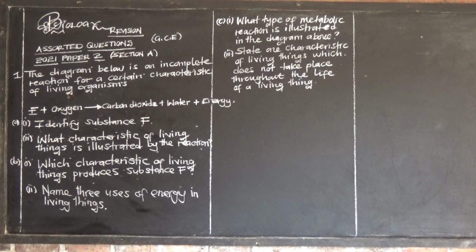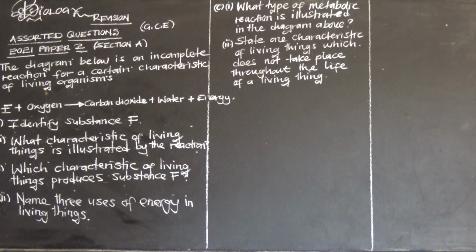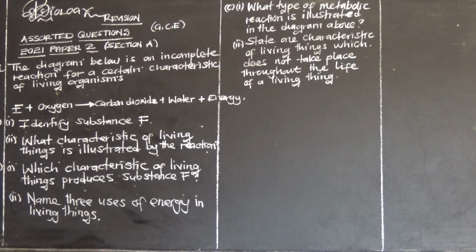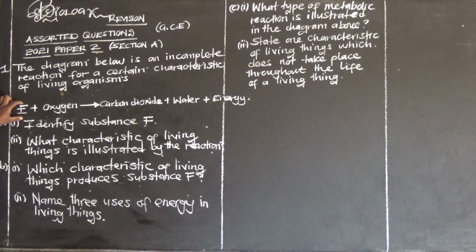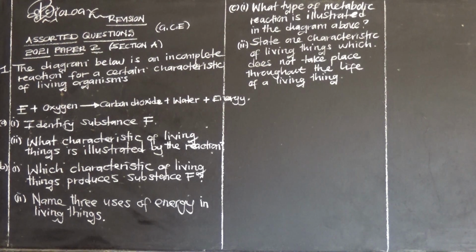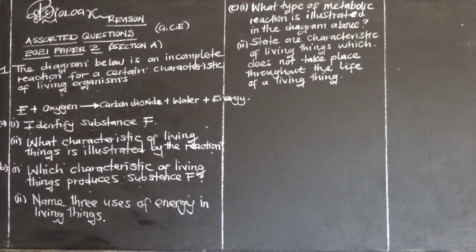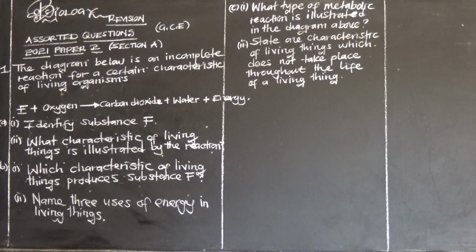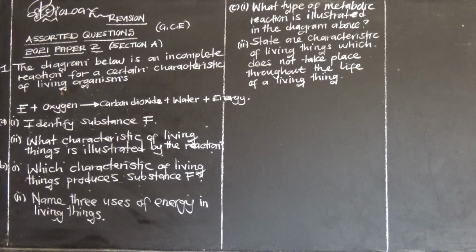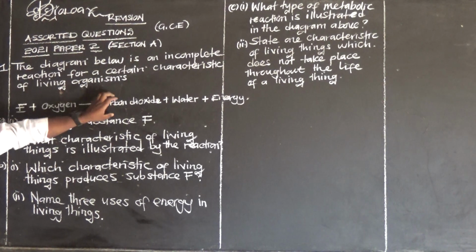Now, question number 1 is saying identify substance F. They want us to identify this substance, F. Are we together, people? You cannot identify substance F without knowing the process or chemical reaction taking place. This is a chemical reaction. So first and foremost, we need to identify the process taking place here.